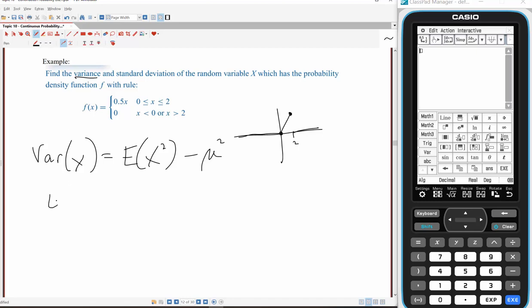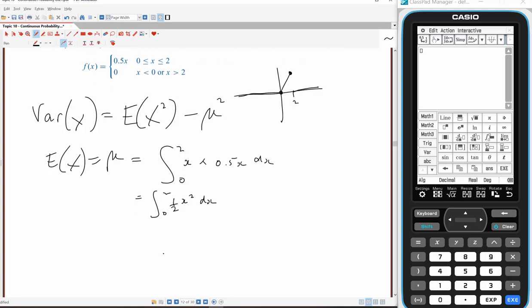I'll find E of X equals mu first of all, which is the integral of x multiplied by 0.5x from 0 to 2 dx, again this is just from last lesson. That is going to be the integral of half x squared dx between 2 and 0. If we anti-derive that, we've got 1/6 out the front, x cubed.